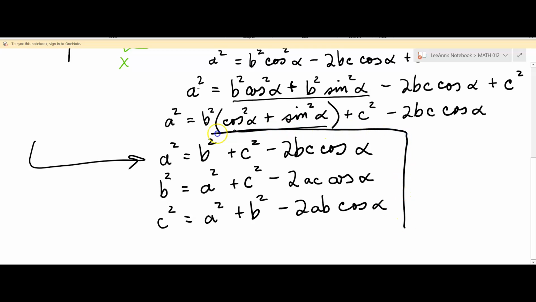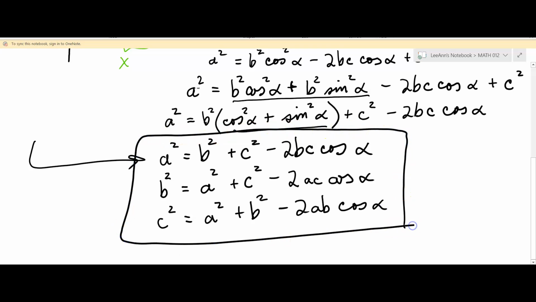And those three are the law of cosines. So depending on which side you're trying to find, that'll determine which one you're going to use. Okay? It's the law of cosines, and I just made a mistake. So let me fix that. Those angles don't stay the same, so I don't know what I was thinking. It's going to be beta when you're trying to find B, and it's gamma when you're trying to find C. So it goes by that.